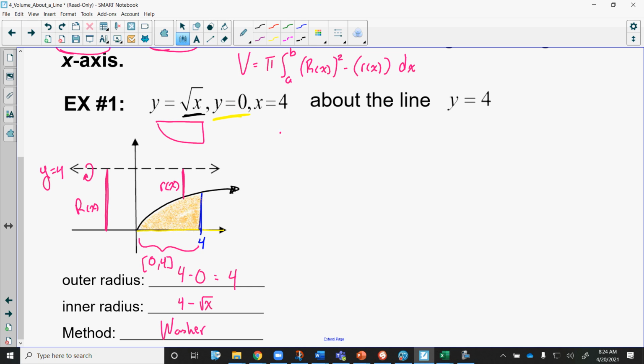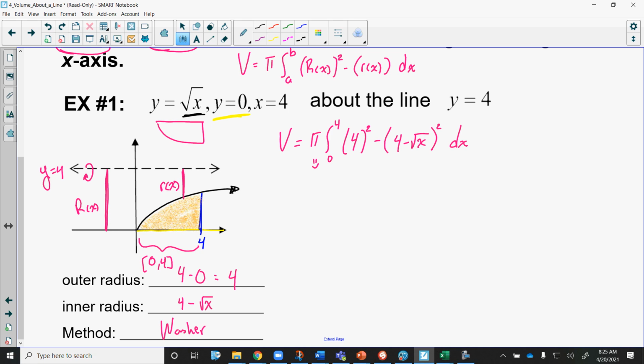So here I'm going to say the volume is equal to pi times the definite integral from 0 to 4. And of course, I like having that lower bound be 0. And we're just going to substitute. The outer radius, in this case, was 4, so we square it. The inner radius, in this case, was 4 minus the square root of x, quantity squared, dx.